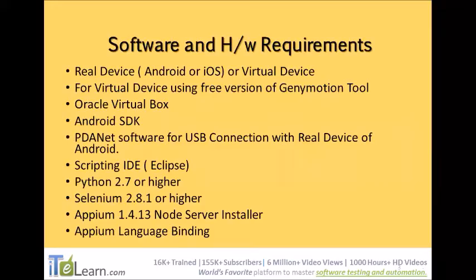And next, I mentioned the different softwares and hardware requirements, which are the building blocks of your test automation. Each one of them I will cover today and in a couple of sessions, as and how the time permits. Okay.